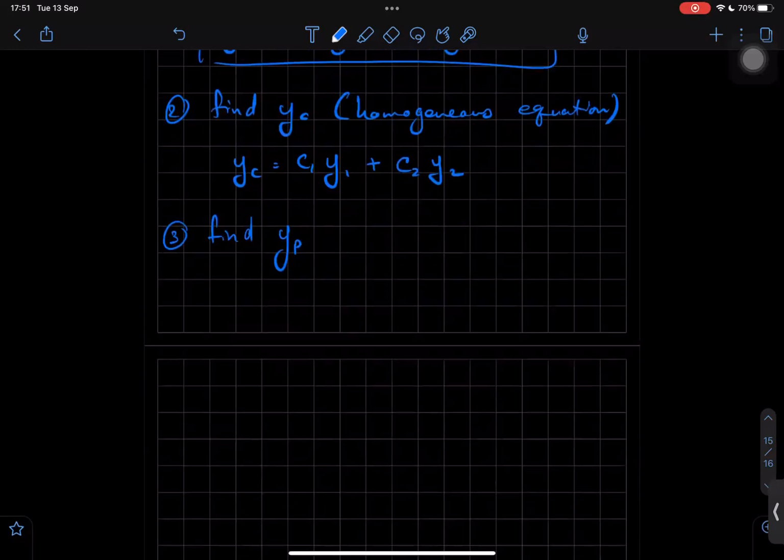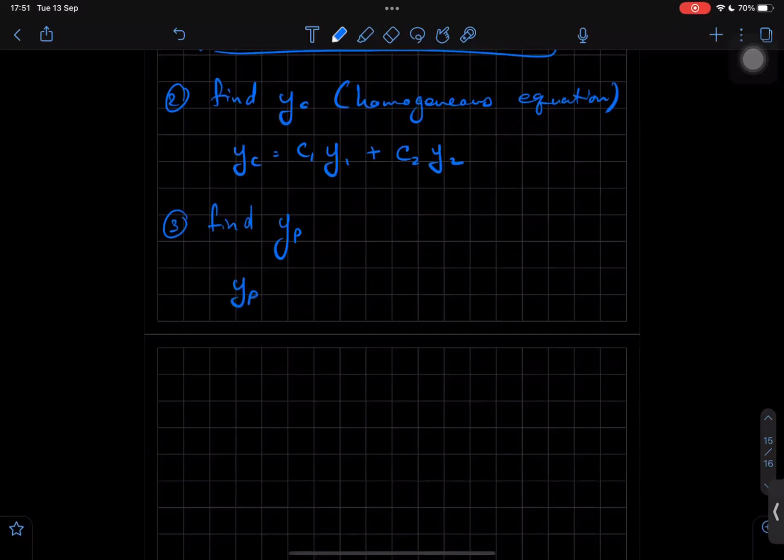Then now you're finding yp, right? yp is in the same form: you change it to v1(x) y1 plus v2(x) y2, like this.